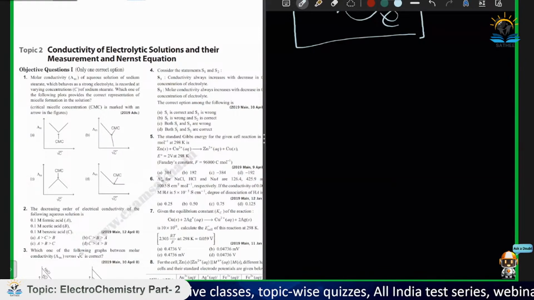Which one of the following plots is the correct representation of micelle formation in solution? Interesting question. You have to know the micelle formation theory for answering this question.